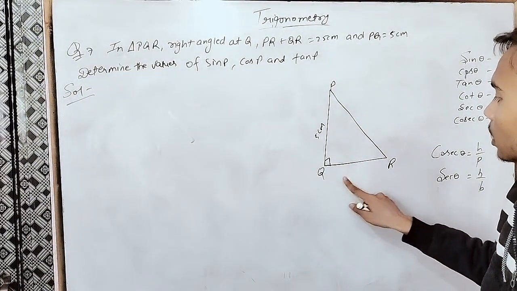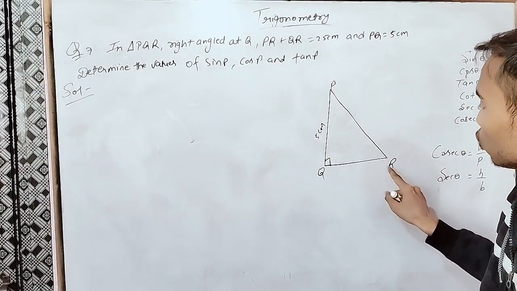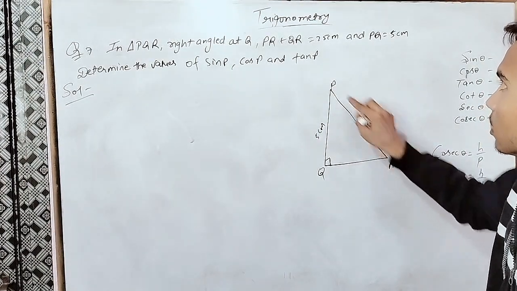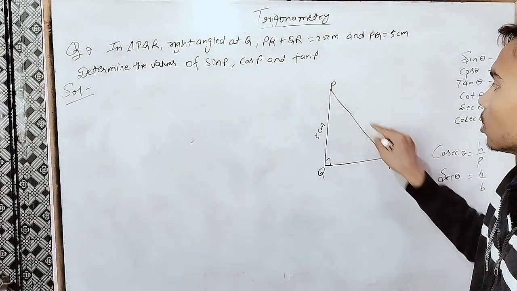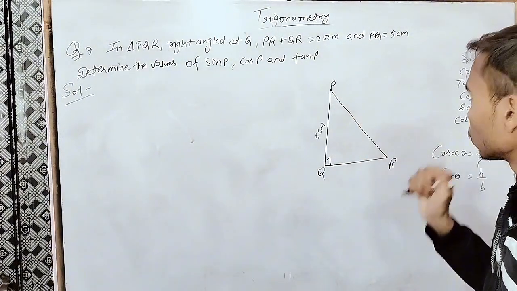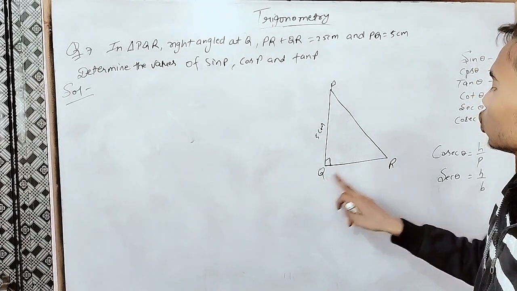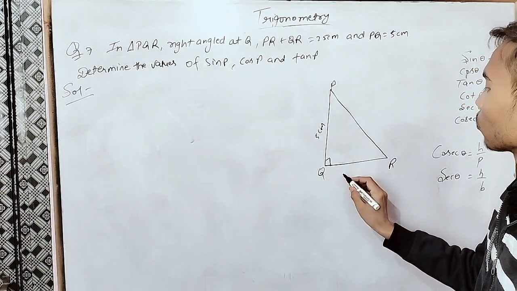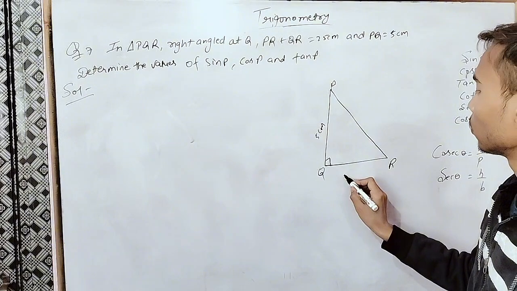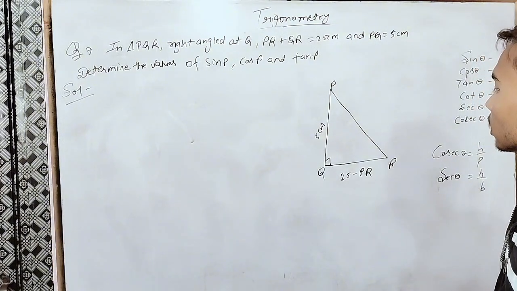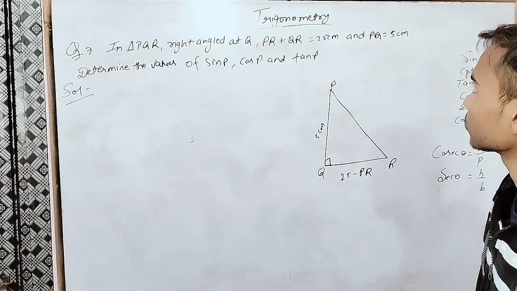Here you are looking at QR plus PR, how much? 25 centimeter. So can we write that QR will be 25 minus PR?